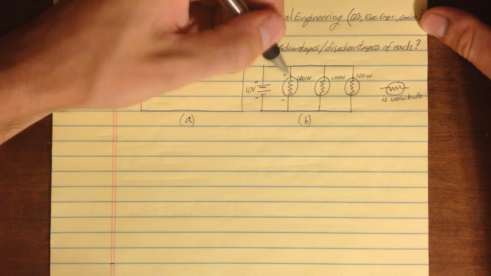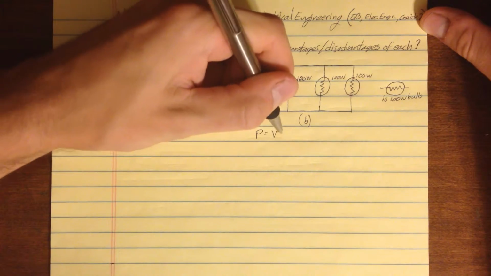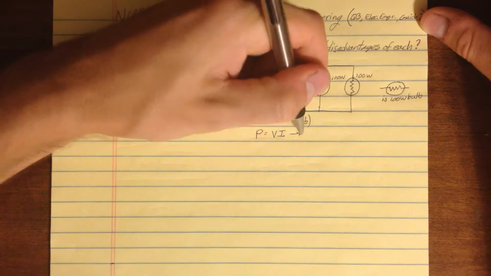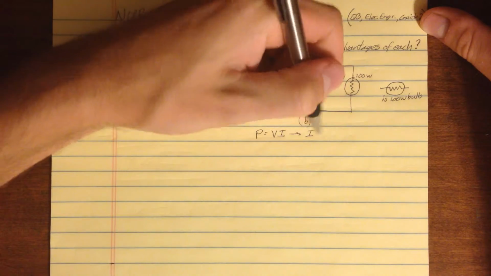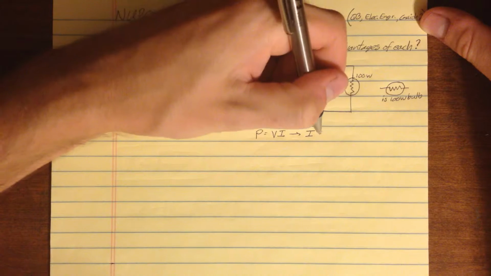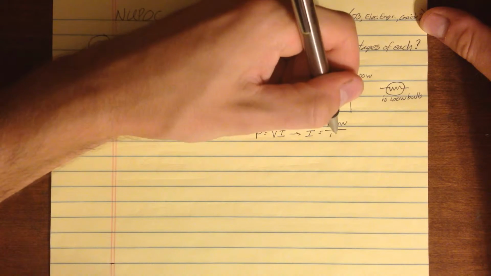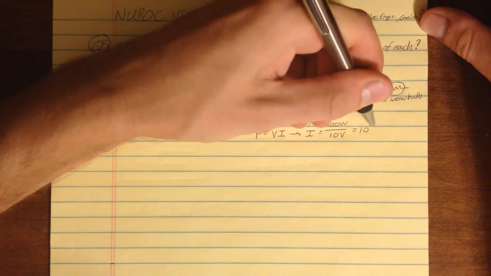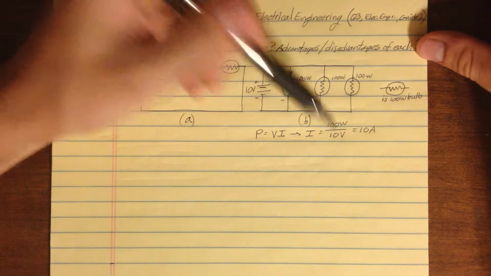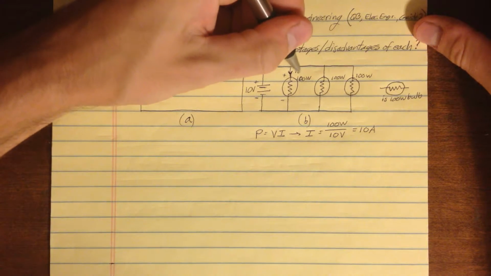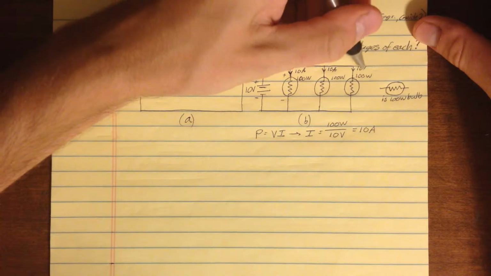With 10 volts across this, from power equals voltage times current, the current through each of these bulbs is the power over the voltage, so 100 watts divided by 10 volts, so the current is 10 amps, right? That makes sense because 10 amps times 10 volts is 100 watts, which is what we want. So here's 10 amps, and going down this wire is 10 amps, and going down this wire is 10 amps.